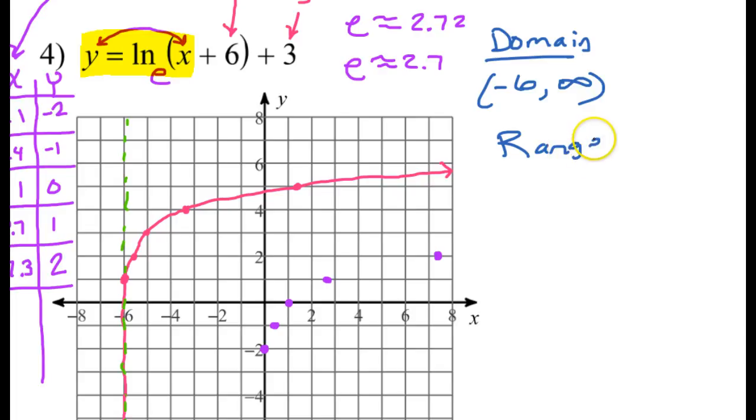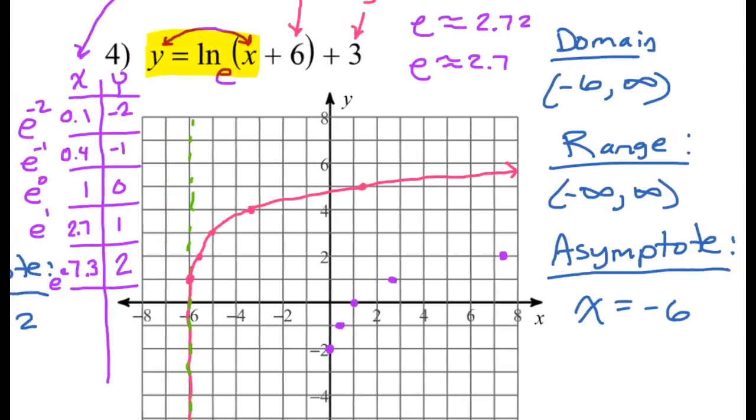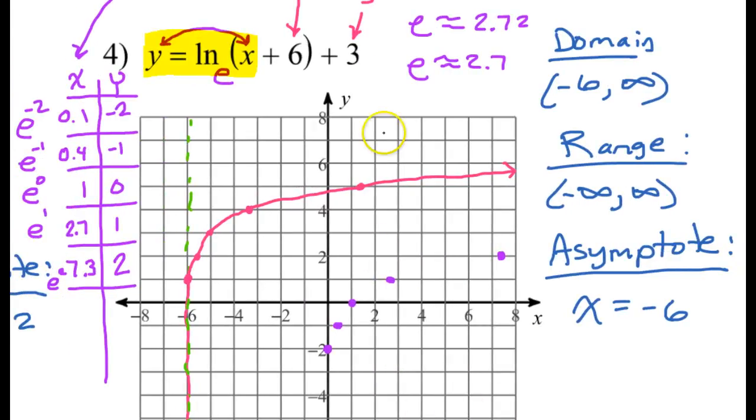The range is the y values, so from bottom to top, that is negative infinity to positive infinity, and the asymptote, as we mentioned earlier, is going to be x equals negative 6. All right, that one was a little tricky because of the natural log being base e. So we had to cheat and use at least a 4-function calculator.